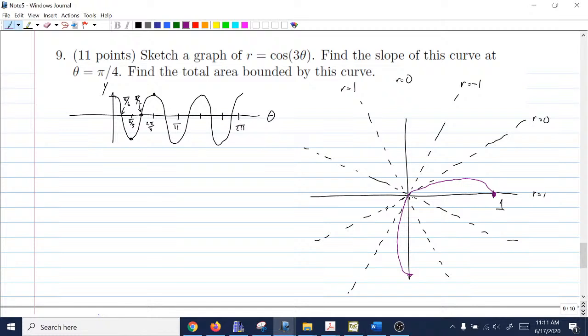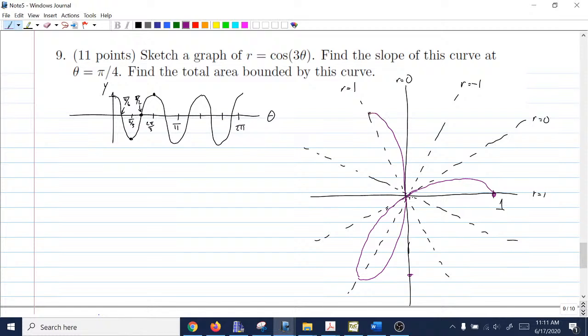Then equal 0 again when I reach 90 degrees, and then hit 1 again. Wait, no, something's gone wrong here. Oh yeah, I came through at the wrong spot. This is the angle where I'm passing through 0. Here's where I hit -1. I lost my vertical axis. Here is where I get r equals 0. Here's where I get r equals 1 again.